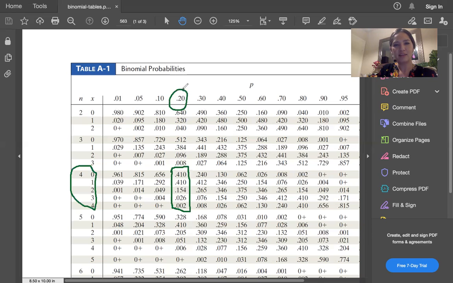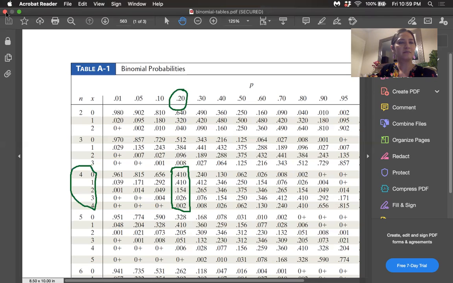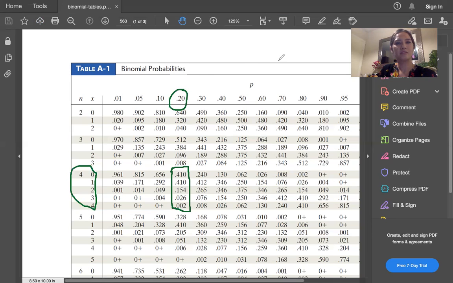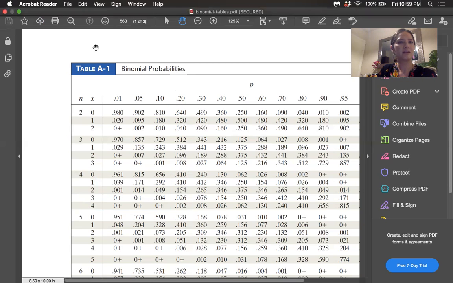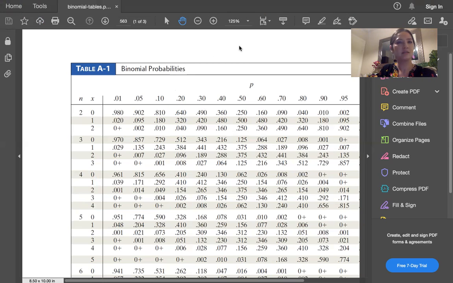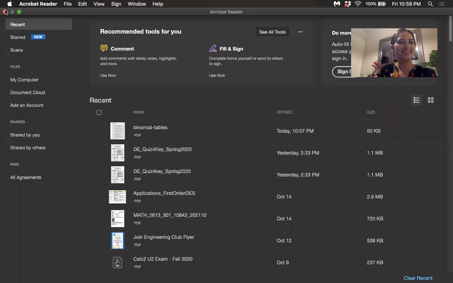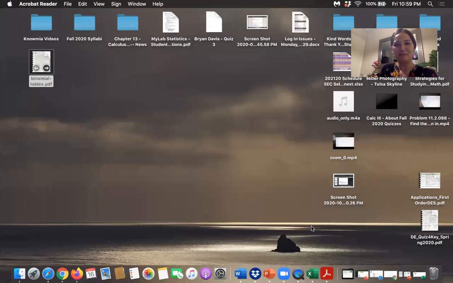There's my probability P, and there is my probability distribution: 0.410, 0.410, 0.154, 0.026, and 0.002. Let's close that for a second. I guess it's not letting me get out. You say clear. I'm done. Let me leave. Thank you. Okay.